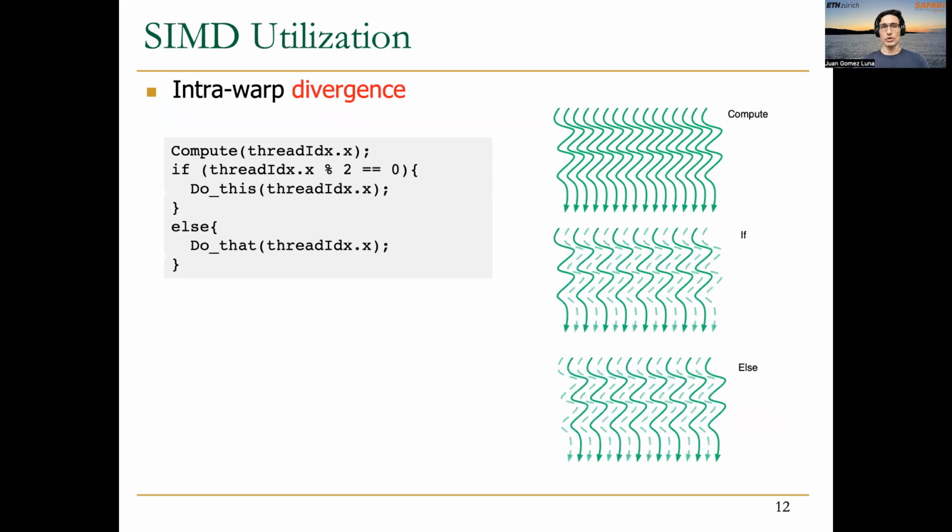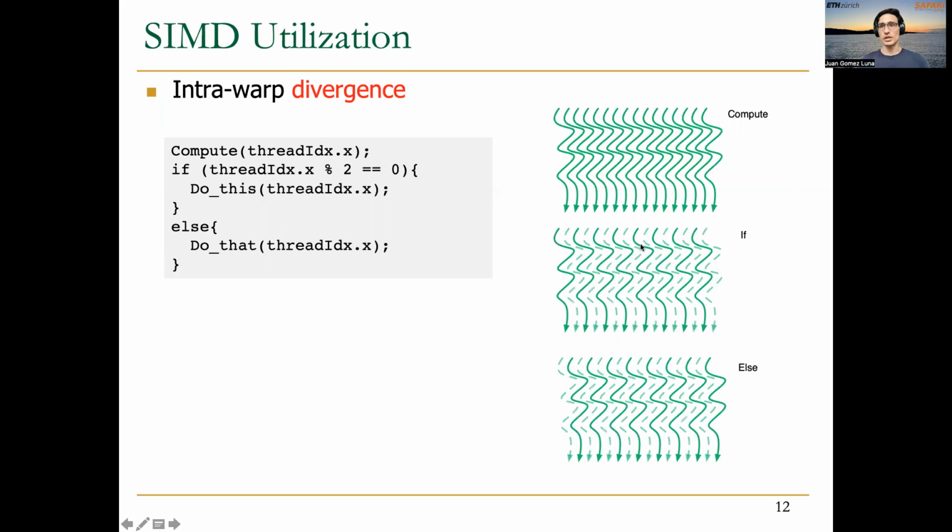Another important consideration is SIMD utilization. Remember that we talk about intra-warp divergence when we have threads in the same warp following different control flow paths. For example, here, imagine that we have two warps, threads from 0 to 63, and we have even number threads doing something and odd number threads doing something different.